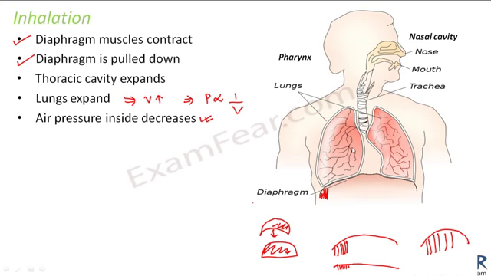The air pressure inside the lungs is less. So the air pressure here is less and the air pressure outside is more. So there is a difference in pressure between two regions. So as a result of this difference in pressure, air will flow from the region of higher pressure to the region of lower pressure. So this is the region of higher pressure and this is the region of lower pressure. So the air will flow in. And this is what happens in inhalation.